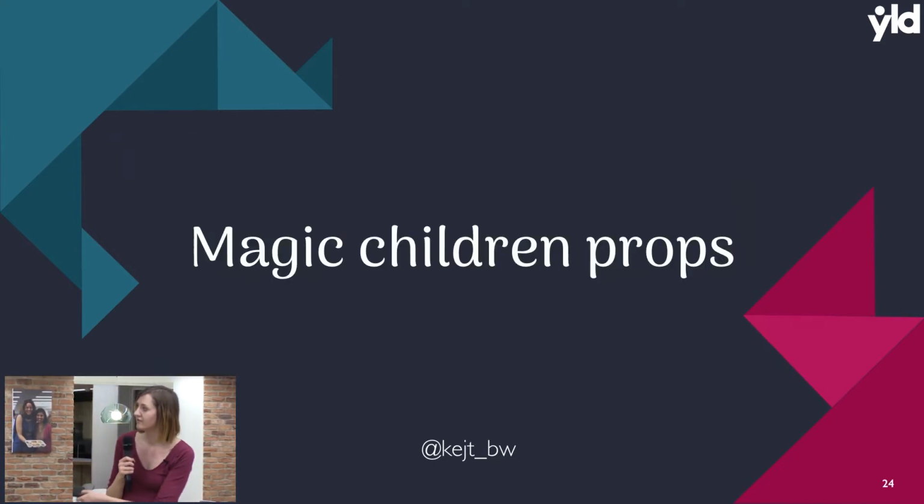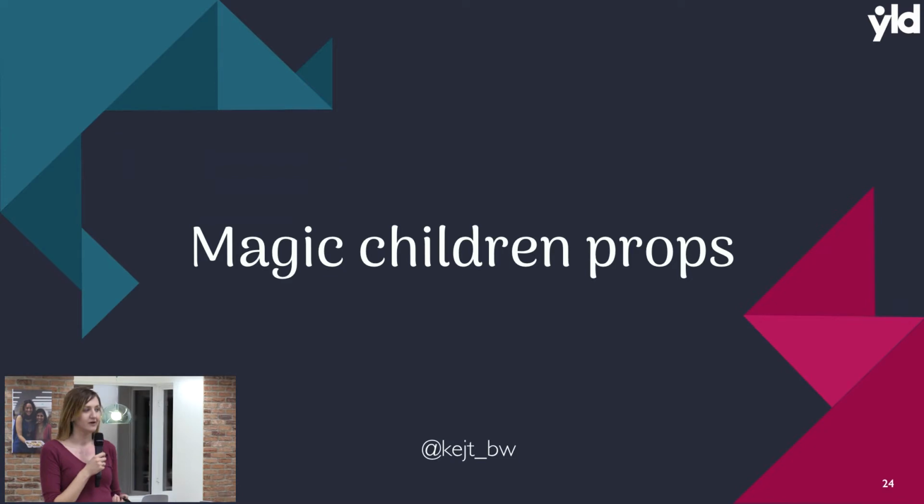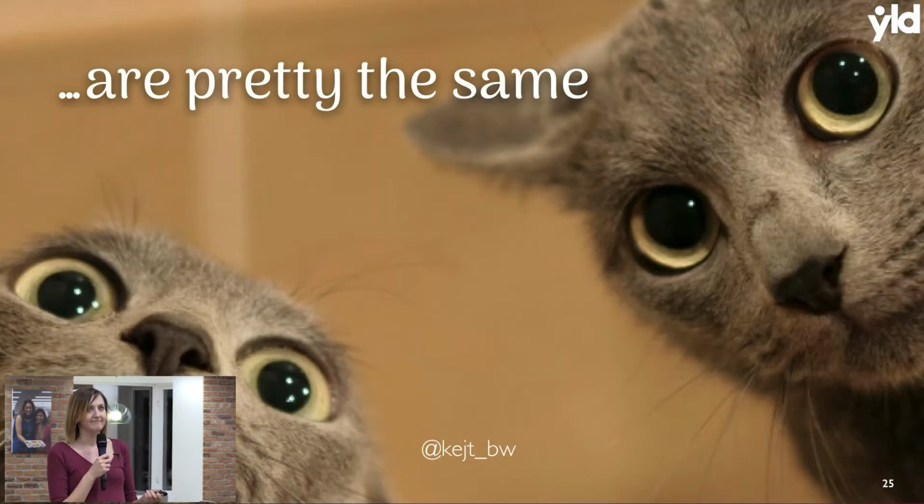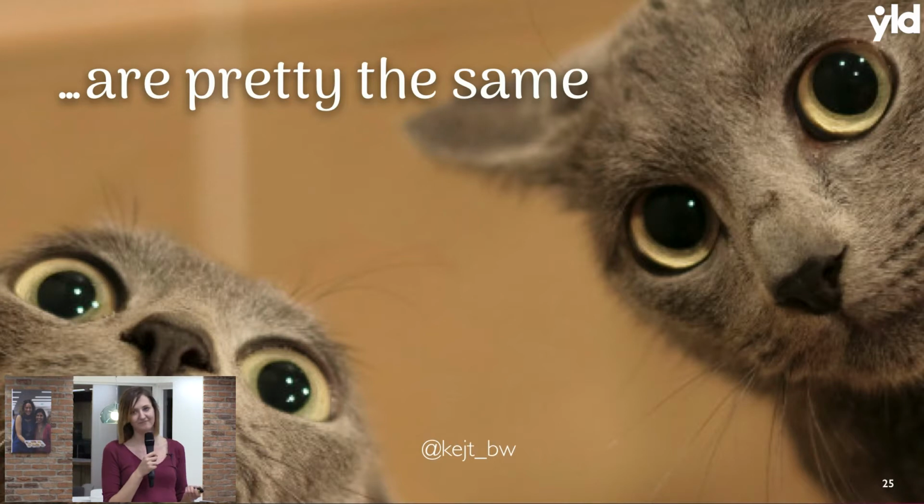What happened? You maybe heard about the children prop, which popped up in February, a month later. After render prop, someone said, "Oh no, render props are not that fine, use children prop." And what can I say? It's pretty much the same. It's the same pattern, it's just coming through the children prop.